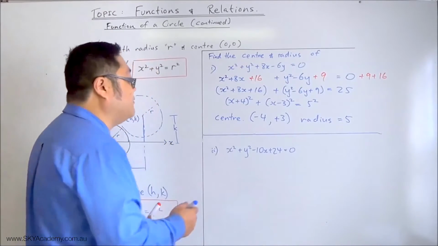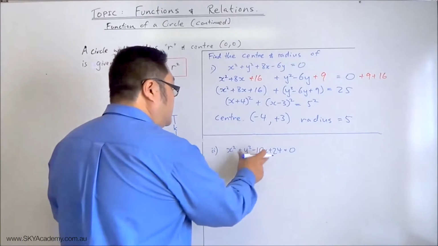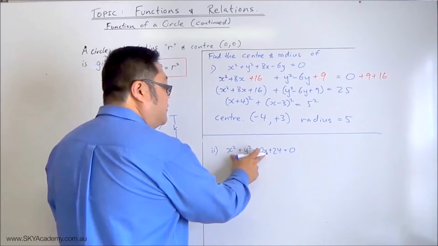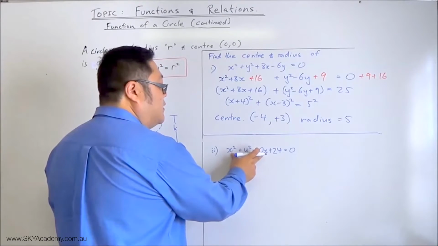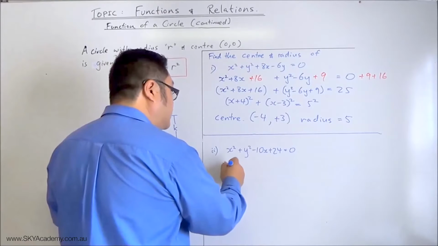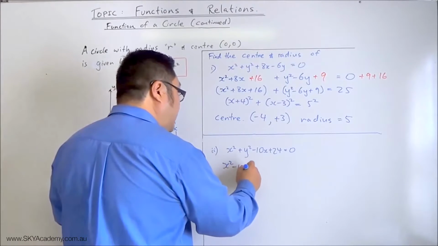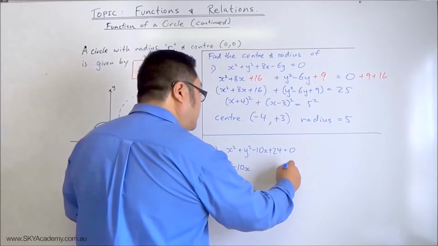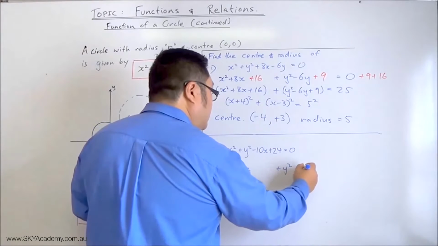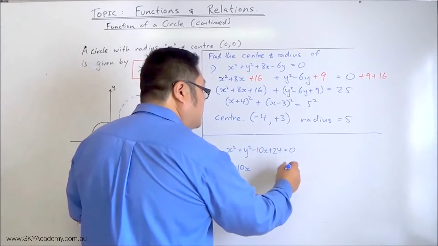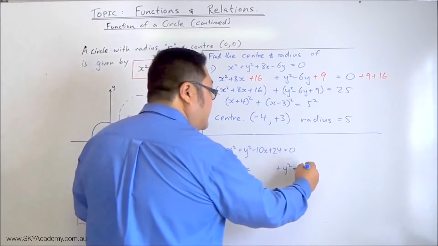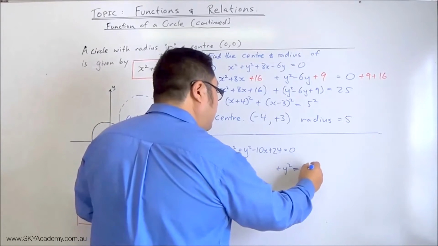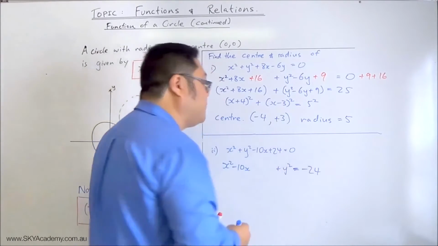So let's have a look. Group the x's together. So x squared minus 10x plus y squared equals 2, and then you bring 24 over to the other side, minus 24.